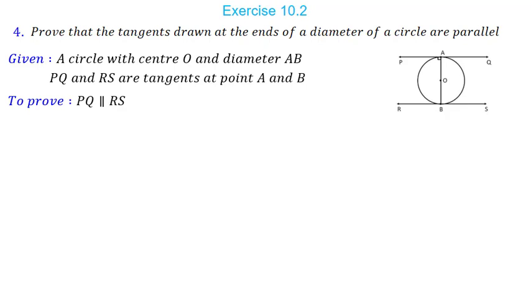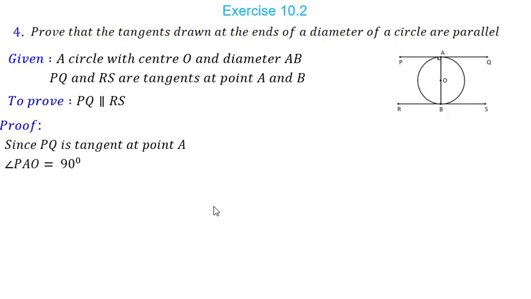Now here we use the alternate angle theorem. So in the proof, we will say that since PQ is a tangent at point A, angle PAO is 90 degrees. Similarly, angle SBO is also 90 degrees.